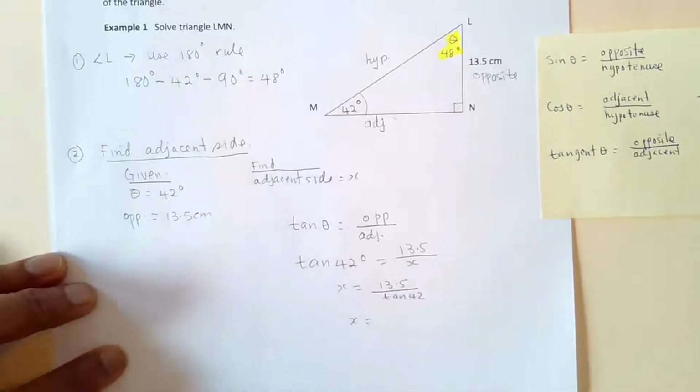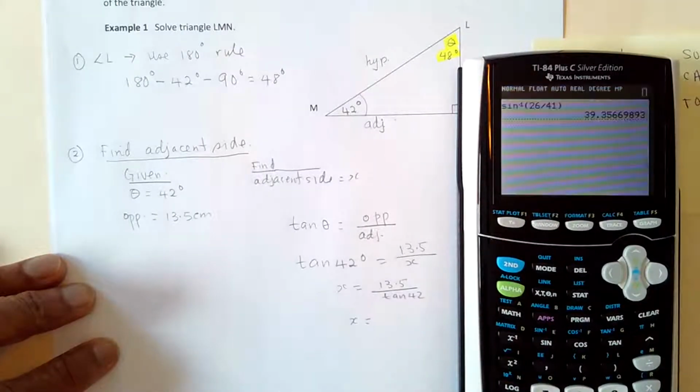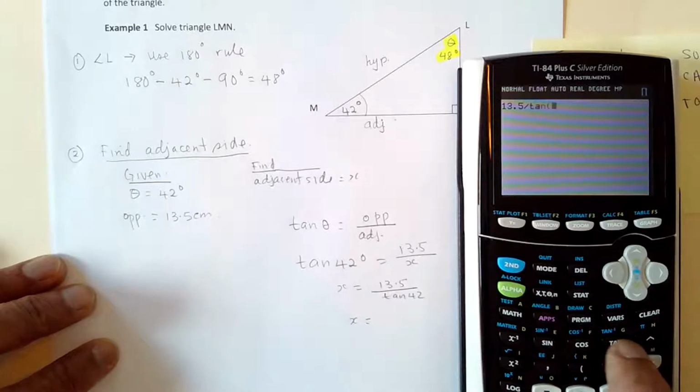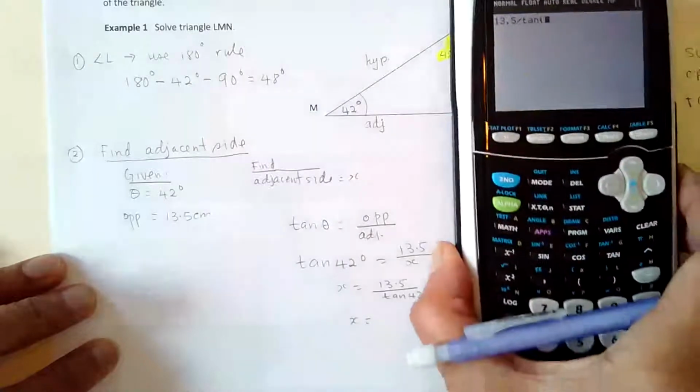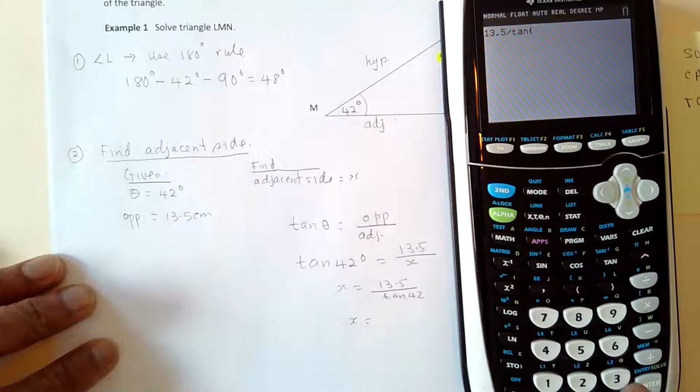So get our calculator out. So we have 13.5 divided by tangent 42, close bracket, will give me a measurement of 14.99.